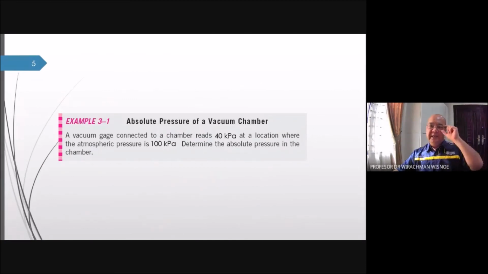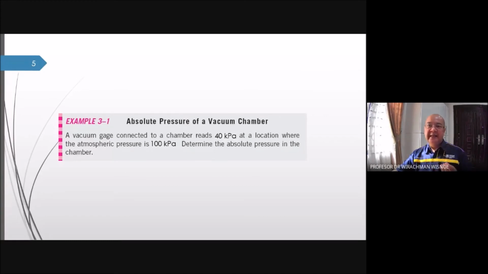A vacuum gauge connected to a chamber reaches 40 kilopascal at a location where the atmospheric pressure is 100 kilopascal. Determine the absolute pressure in the chamber. So here the atmospheric pressure is given 100 kilopascal.